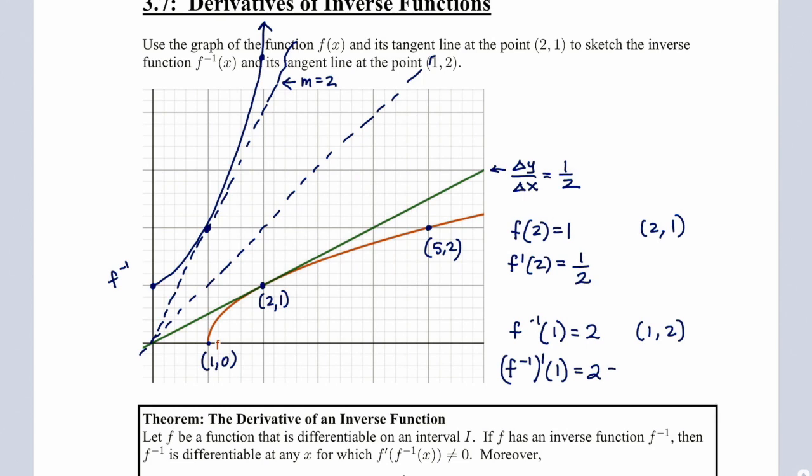And that's just the reciprocal of the derivative of the original function at that point with the x and y coordinates swapped. Right? And so we can see, well, that's just the reciprocal of the derivative of the original function at the inverse of 1.